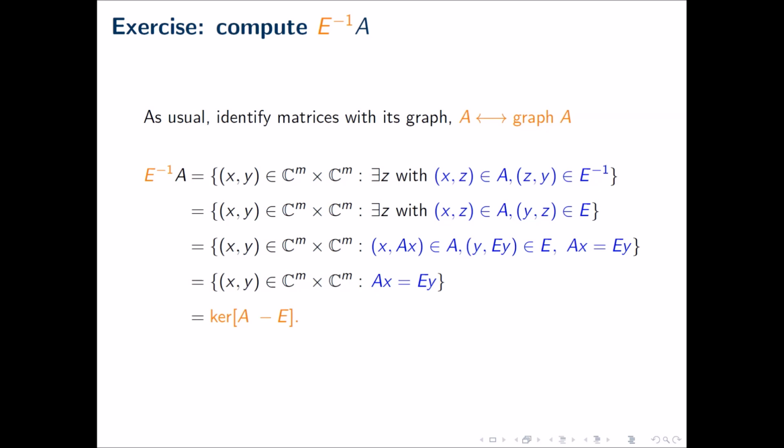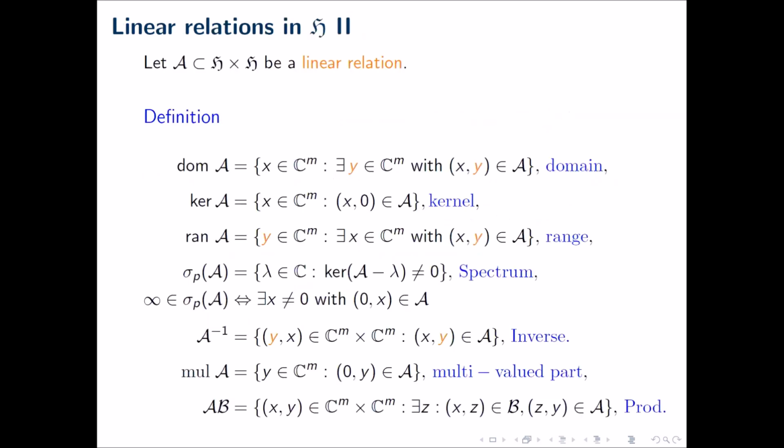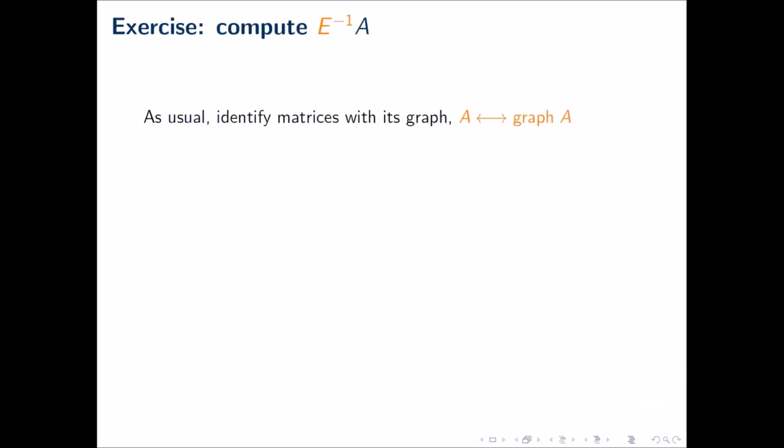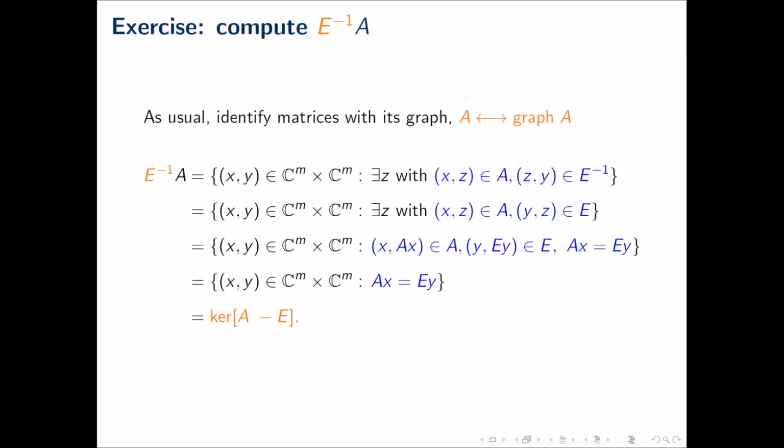So here we use the formula from before. Maybe I go quickly back. So we have x, y here, and a z. We need a z in between, let's say. Here's the same: x, y, z in between. The first one is from this guy, and the second one is from this.